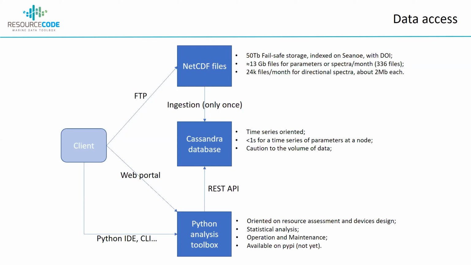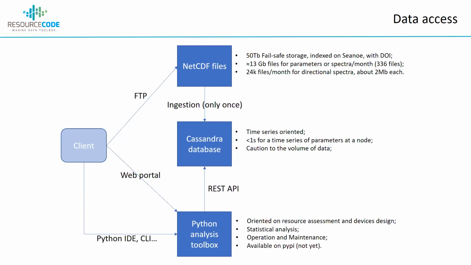It's about 50 terabytes of data that is stored in 13 gigabyte files for each month. So it's a large number of files and big files. So it may not be very convenient to access, or it can be very difficult for people who are not very keen on manipulating netcdf files to download and process this data.